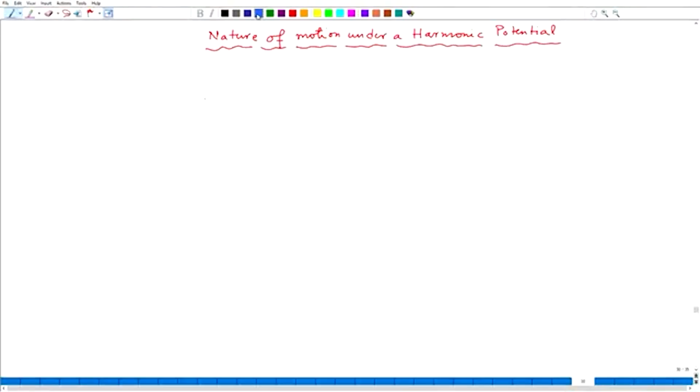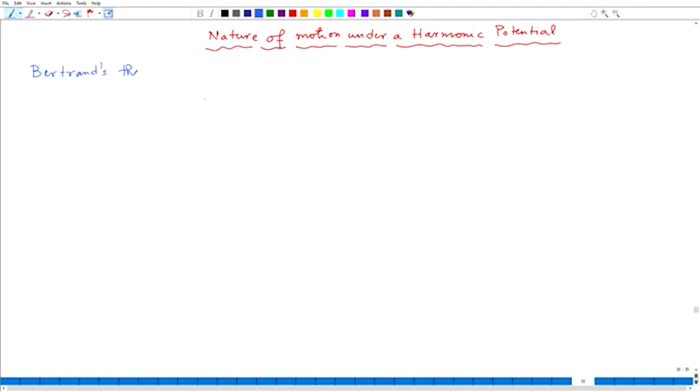But now the question comes: can we do a similar type of analysis of motion directly from the central force point of view? We started this harmonic potential as an example of Bertrand's special force law.